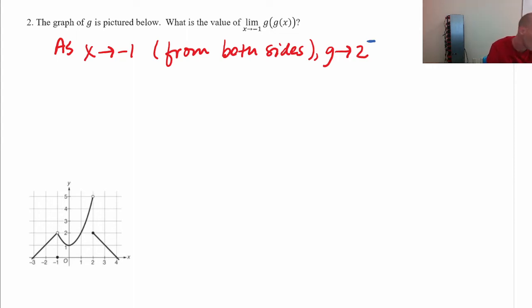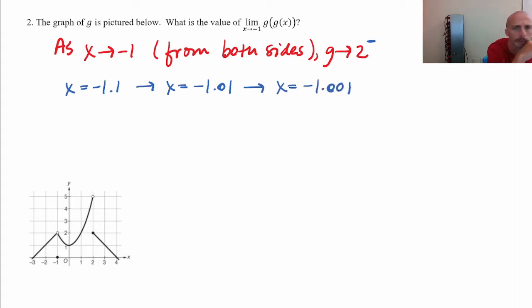Okay. So let's think about a progression of x equals -1.1 to x equals -1.01 to x equals -1.001. Okay, that should be more than enough, right?